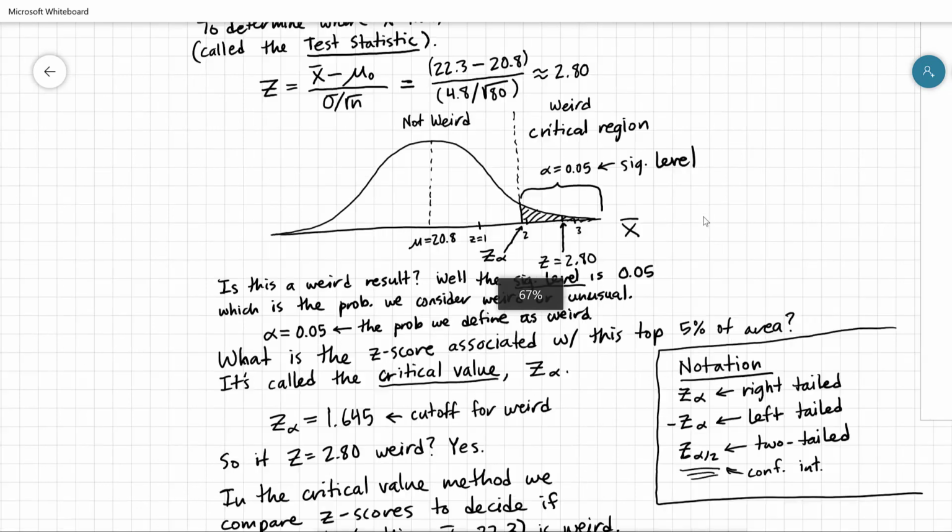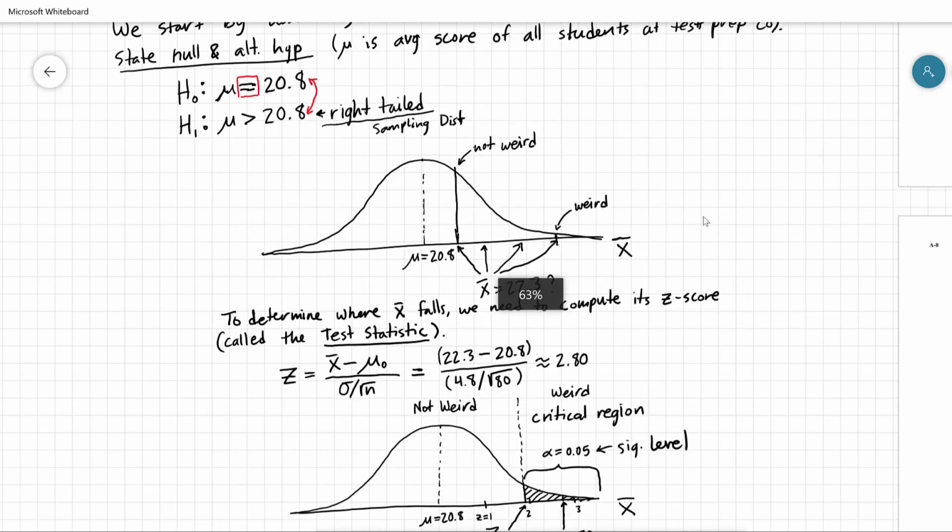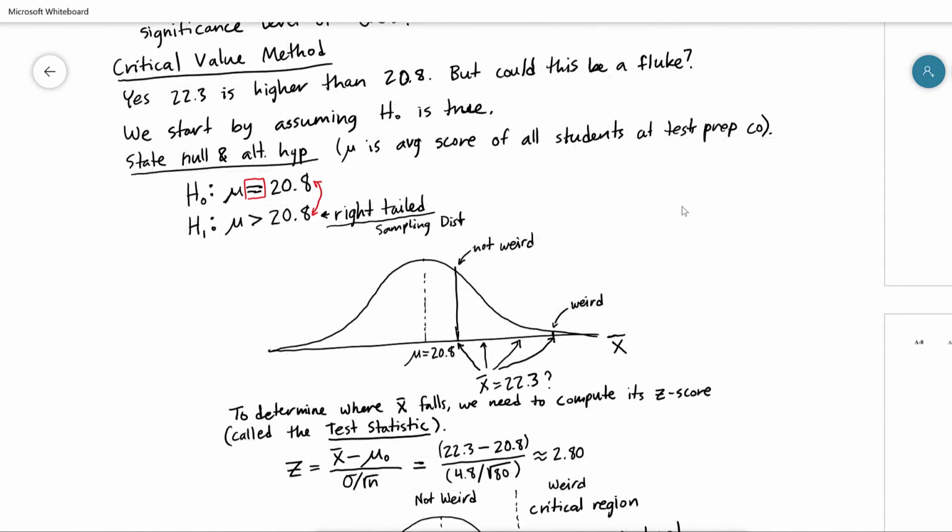Okay, so we've gone through this a long, slow, careful way. From our initial assumption, we assume the null hypothesis is true, and under that assumption, we see if the result that we got winds up being a weird or not weird result. If it's not a weird result, then yeah, maybe this was a totally fine assumption to make. If it's a weird result, then maybe it was a terrible assumption to make, and we should go with the alternate hypothesis instead.